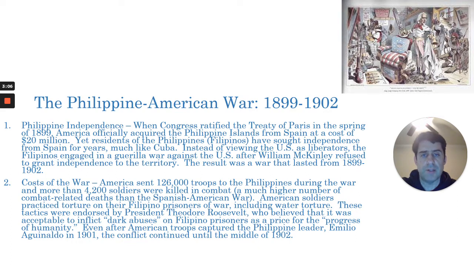And that was America's first acquisition of foreign colonies, following in the footsteps of what Great Britain and France and Germany and Spain and other European nations had been practicing for years and years, decades and decades.